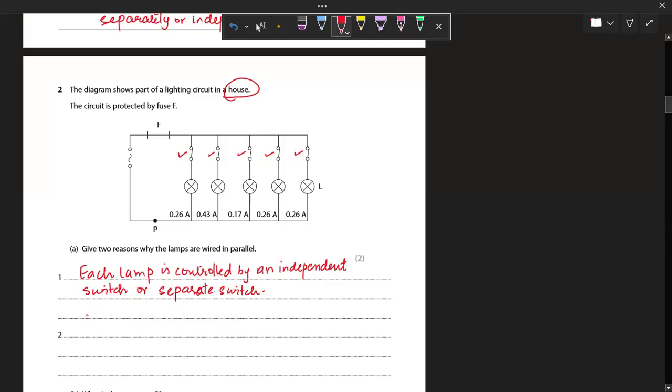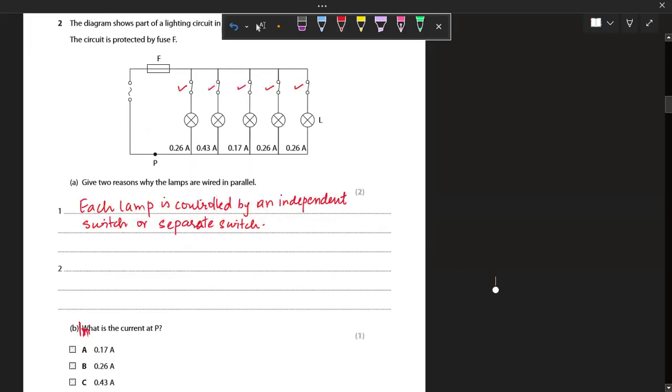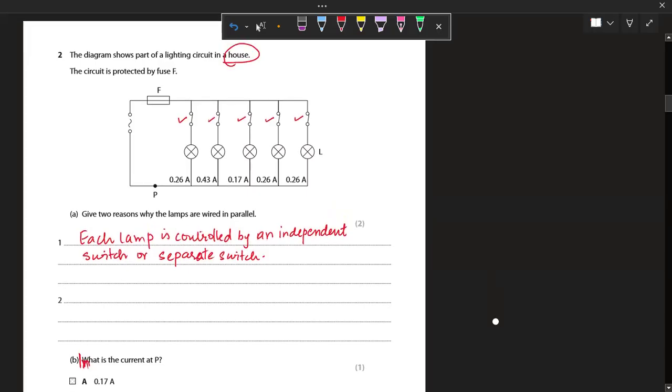So in a house, there may be multiple rooms.